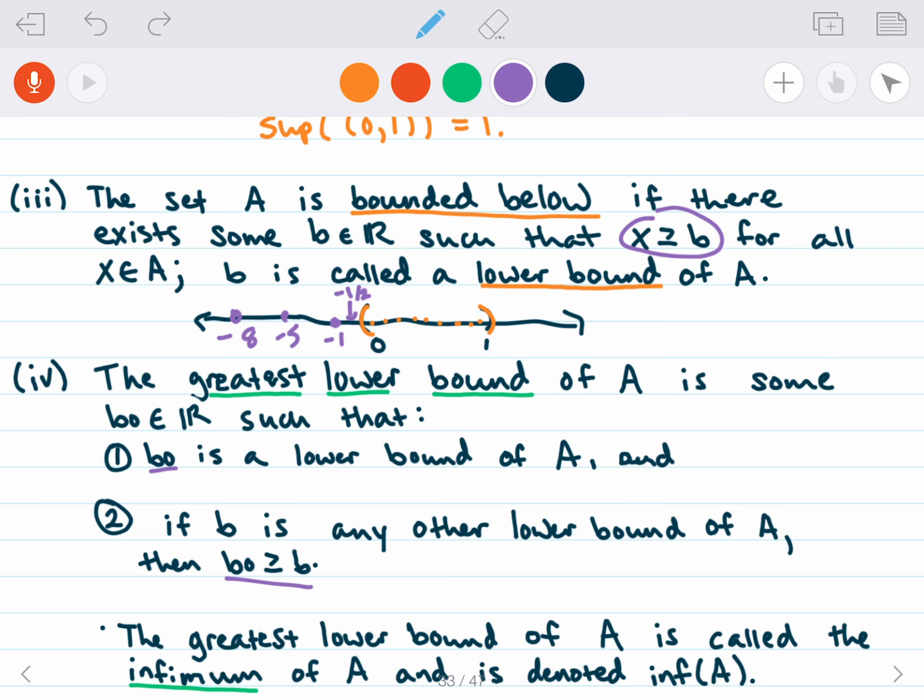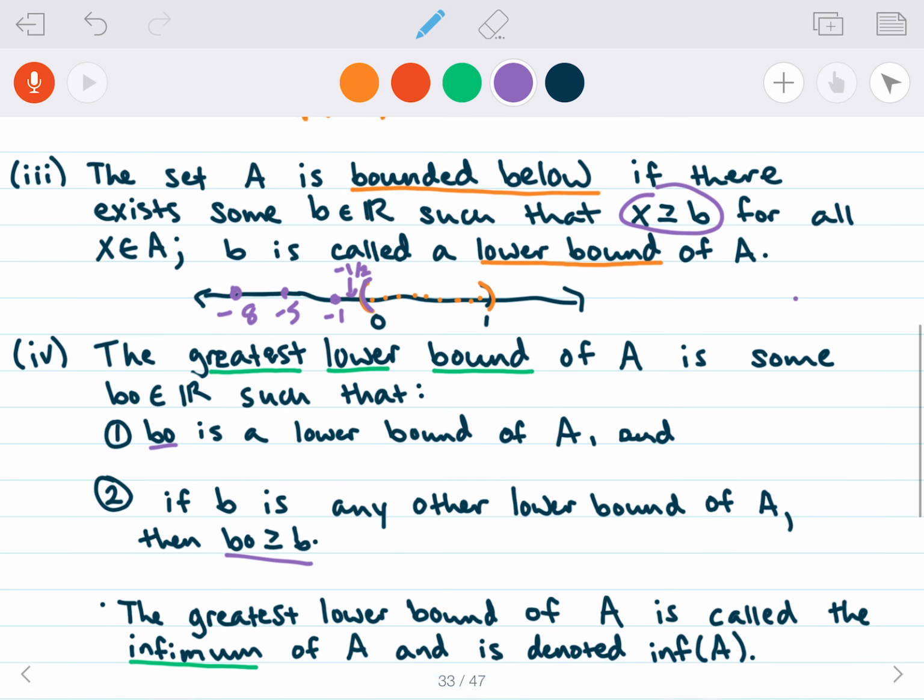How about -1 over a trillion? That's a lower bound, right? It's getting really close to 0, right? In fact, 0 is a lower bound because everything in the set does not include 0, everything in the set is greater than or equal to 0. In fact, greater than, okay?